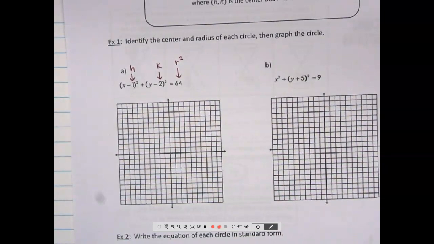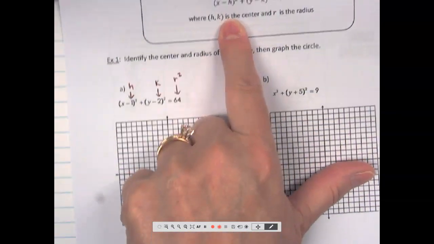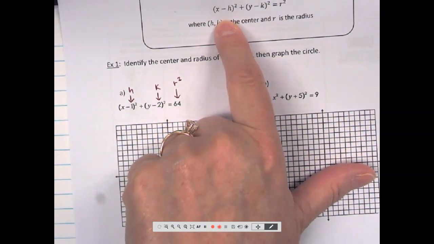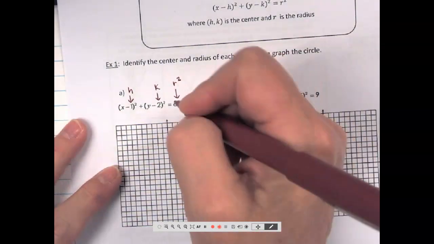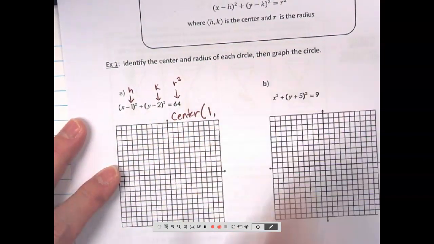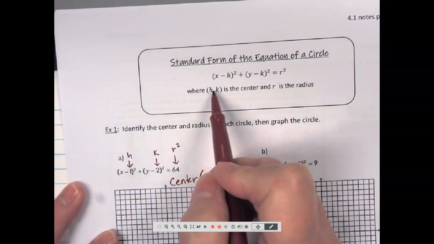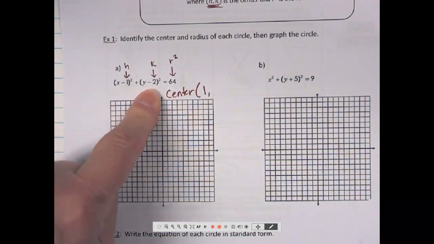Okay, so if there is a minus 1 here, what is H? And notice in the formula it's minus H. So what was I subtracting there? 1. So the H is 1. That means that my center point has an X coordinate of 1, because the center is H, K. Alright, what is being subtracted here?